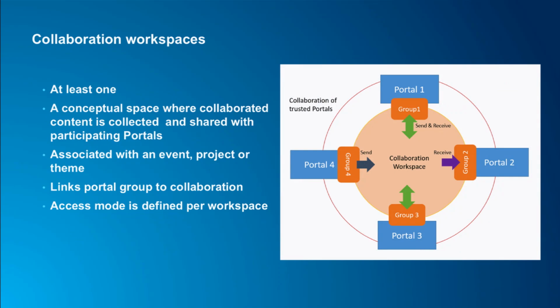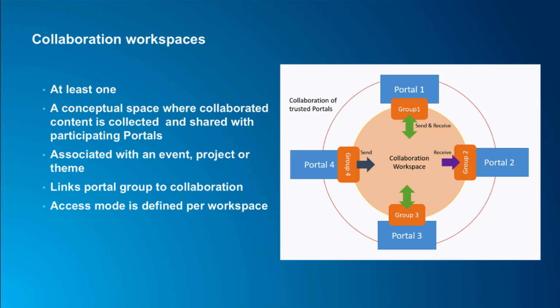So a little more about collaboration. As you can see in this diagram, we have 4 portals coming together in a trusted collaboration. Each has one or more groups, but they are linking a group to a collaboration workspace. And each can have a different access mode.